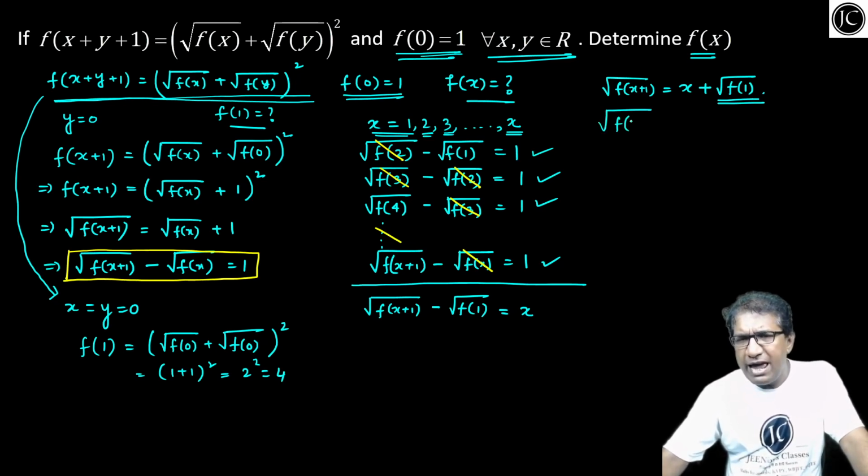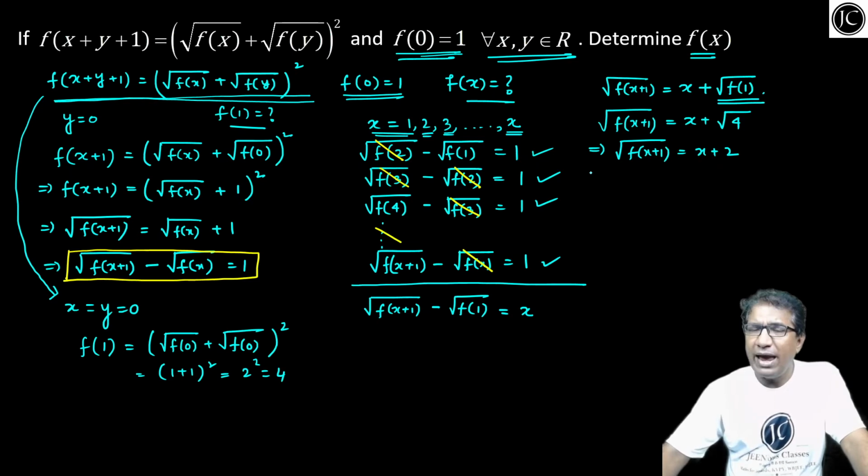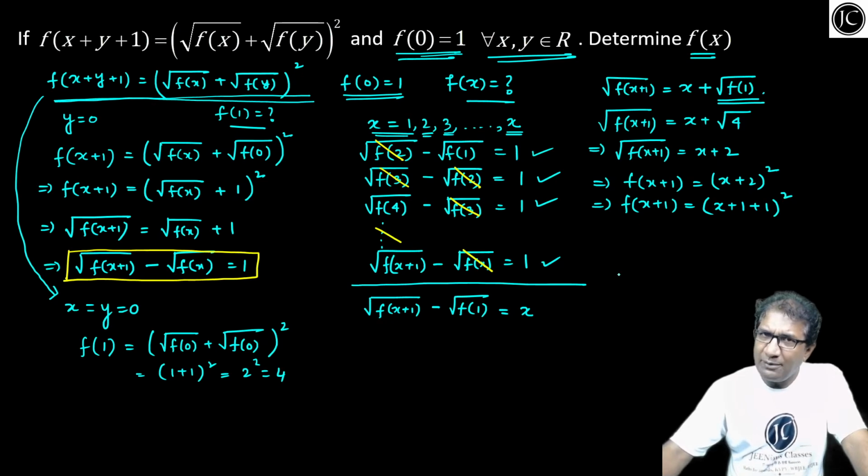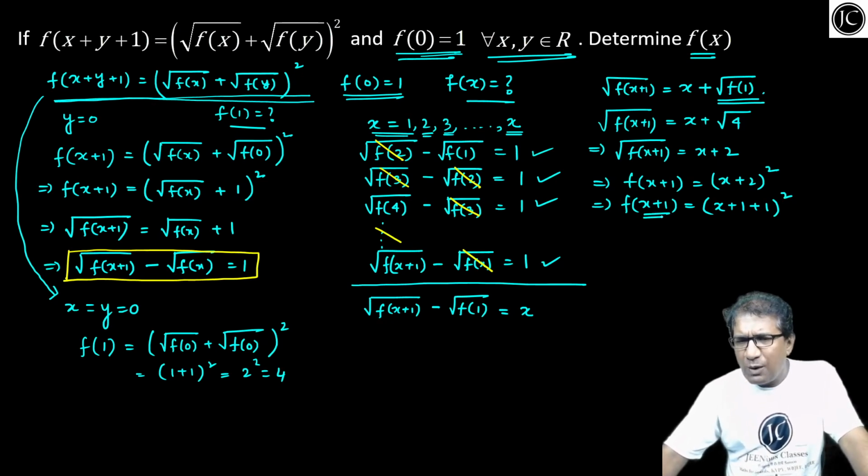Therefore root over of f of x plus 1, ये मेरा क्या आ रहा है? x plus root 4. So that gives us x plus 2. ओके, मतलब f of x plus 1 मुझे क्या मिल रहा है? x plus 2 का होल स्क्वायर. अच्छा, मतलब हम लोग कैसे लिख सकते हैं? x plus 2 का होल स्क्वायर को हम लिख सकते हैं (x plus 1) plus 1 का स्क्वायर, और अभी x plus 1 को हम रिप्लेस कर दे रहे हैं x से.